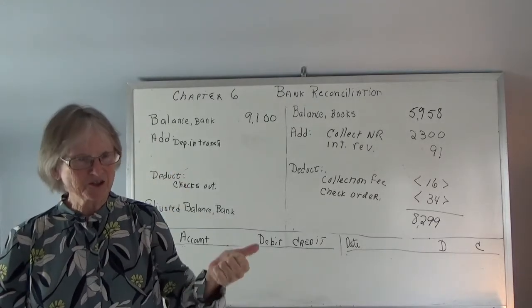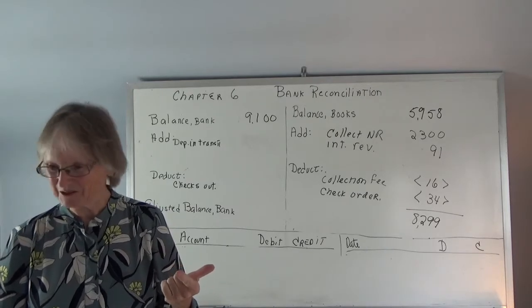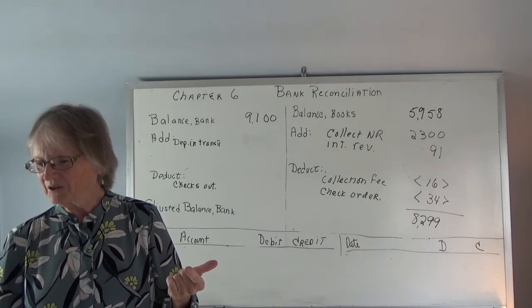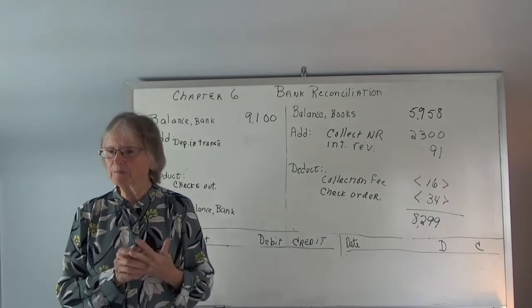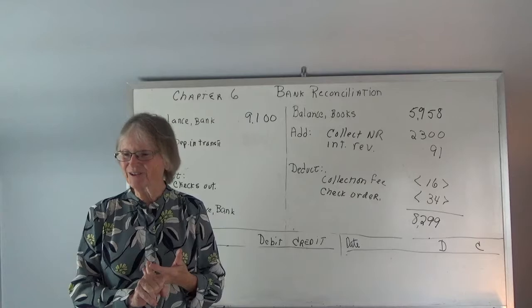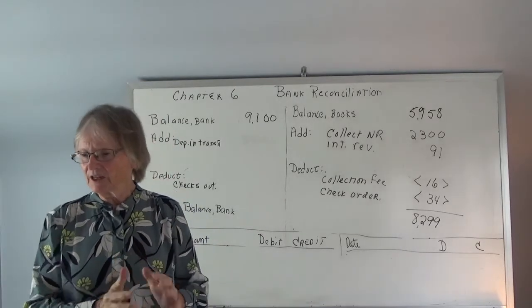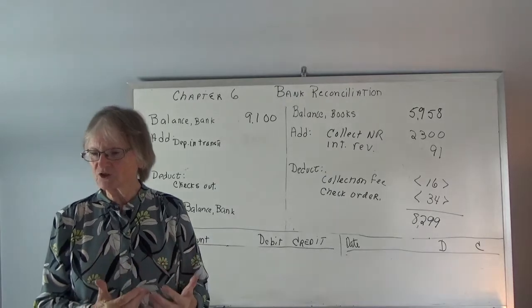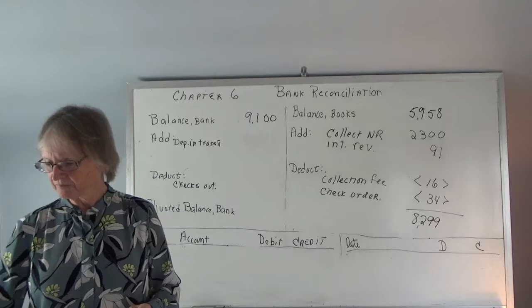So far we've got last month's bank rec, and this month's bank statement. The third and fourth bits of information we're given are the company cash payments journal, which is all the checks that we wrote this month that we know about, and the cash receipts journal, which would be the deposits that we have recorded for the month.